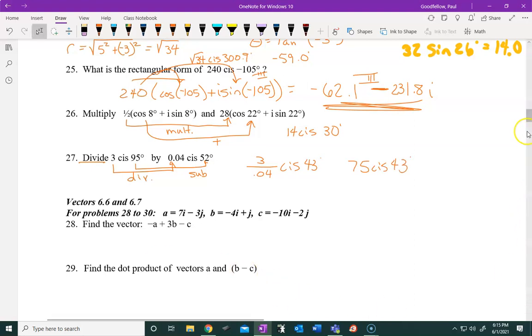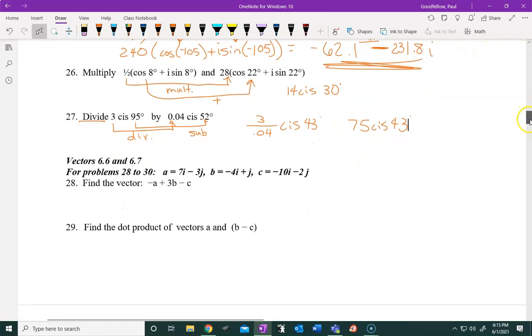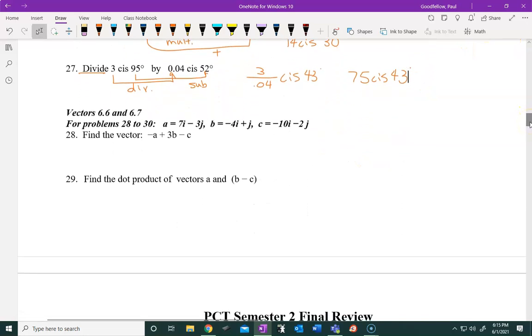All right, going down here to these vector questions. The one thing that I will say was missing on the actual video itself was definitely de Moivre's theorem, and that boils down to how to use a power on a cis.